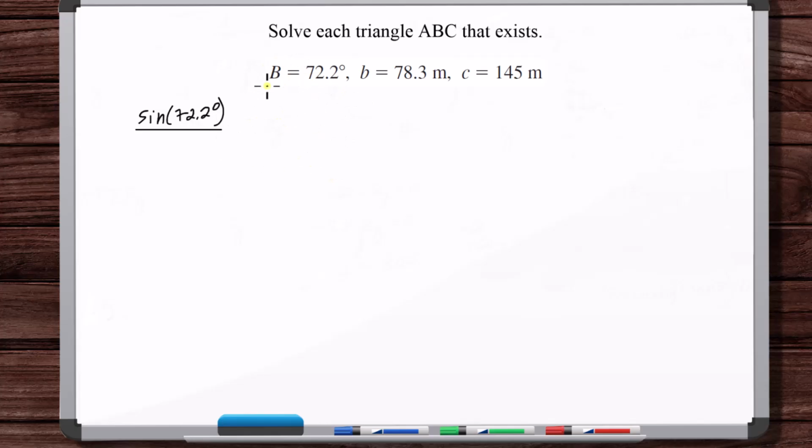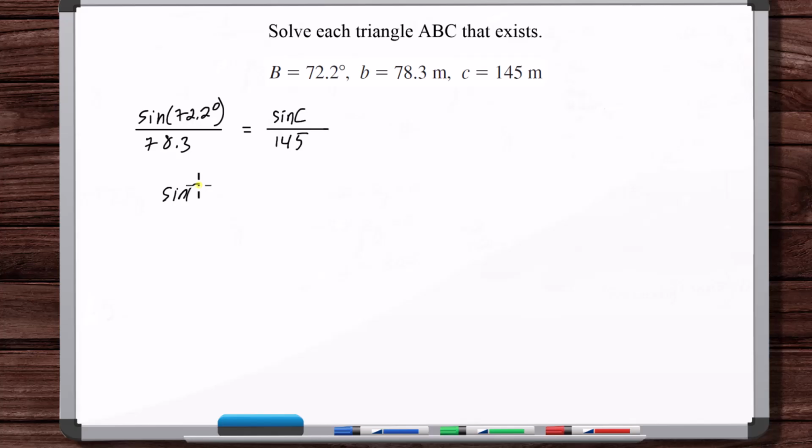That's not the angle we really want to analyze. Over the side length opposite of that is equal to, so now we need to use this and its angle opposite, so sine of C. Sine of C is the angle that we want to analyze here.